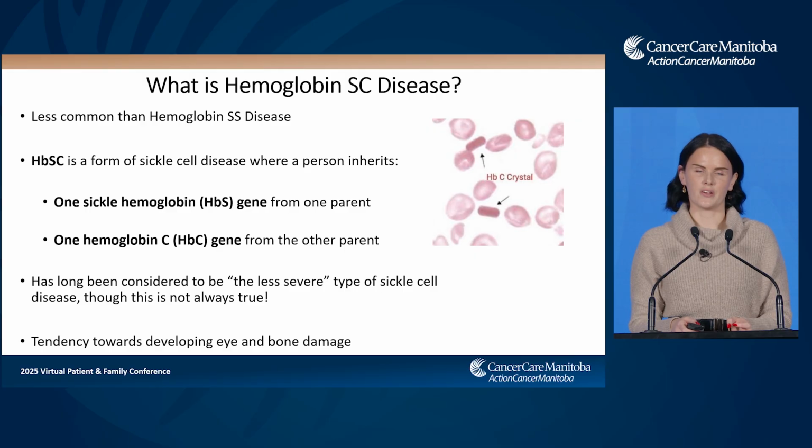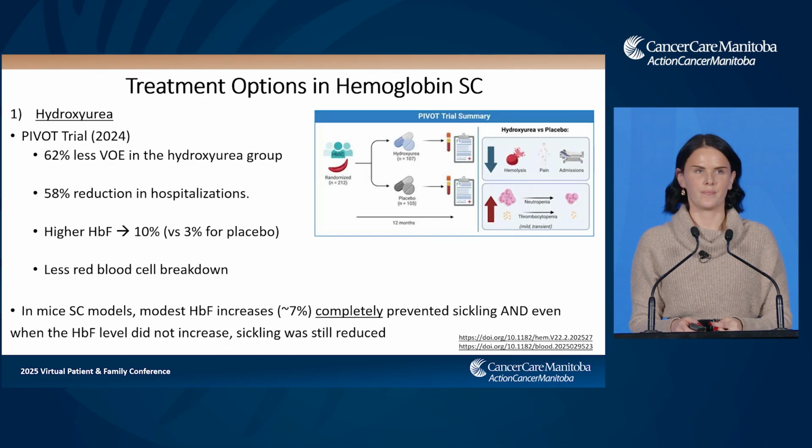And what's interesting here is you can actually see on the slide that they form these crystals, which is very characteristic of this condition. This is a phase 2 study that looked to see whether hydroxyurea was beneficial. And what they found was that there was a 62% reduction in pain crises, fewer hospitalizations, and less red blood cell breakdown in those on hydroxyurea.